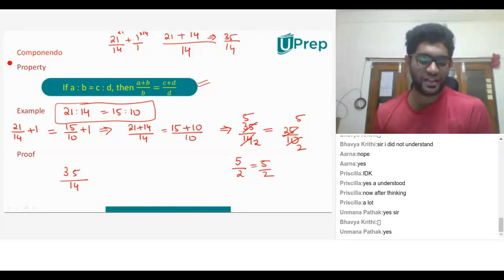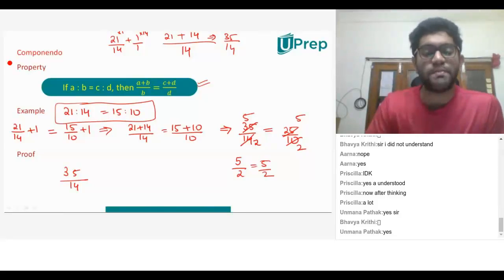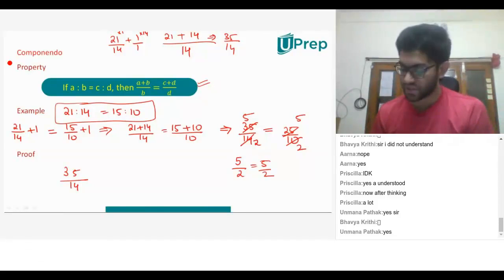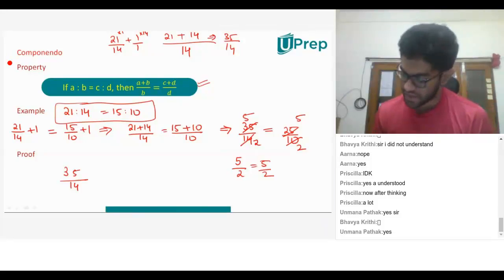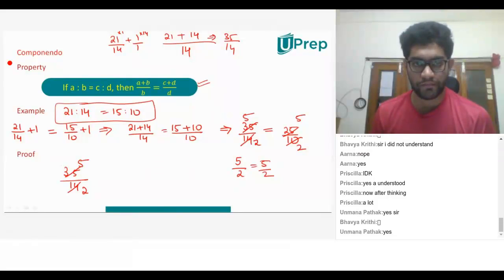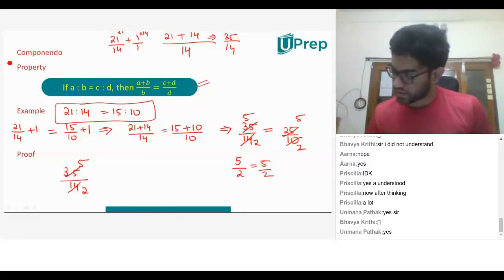That's nothing else but getting it into the simplest of fractions, the simplest of forms. 35 and 14 are common to 7, right? 7 into 2 is 14, 7 into 5 is 35. Instead of doing it in the division method, I can write 35, 14, 14 twos are 28.